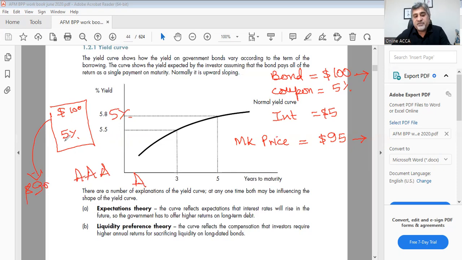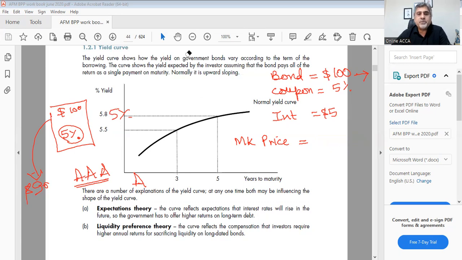They are not happy with 5% now. They say, when it was AAA, we were investing at 5%. Now it is only A, we don't want 5%. They want more percent. But more percent cannot be given to them legally because it is only 5%. So what will happen? The bond price will adjust itself.